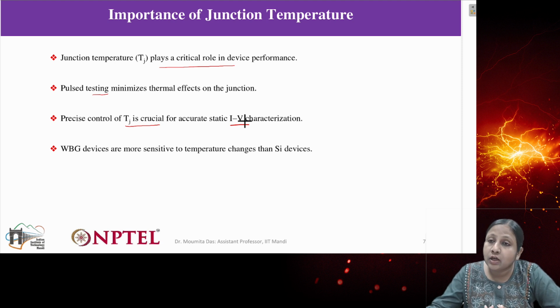You can see the parameter values change as it goes from room temperature to higher temperature. That is why they give two temperatures, and if it is possible to characterize the device at multiple temperatures, that is much more advantageous. Then we can get the actual value depending on that particular temperature.